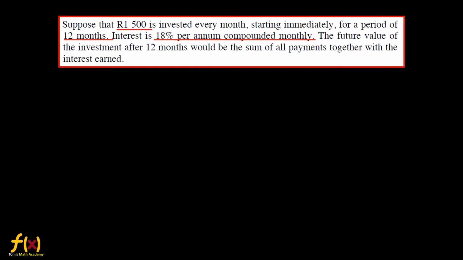Suppose that 1,500 is invested every month, starting immediately, for a period of 12 months. So you underline all the important numbers so that we can pick those things very quickly. So here it is 1,500, 18% compounded monthly, period of 12 months.